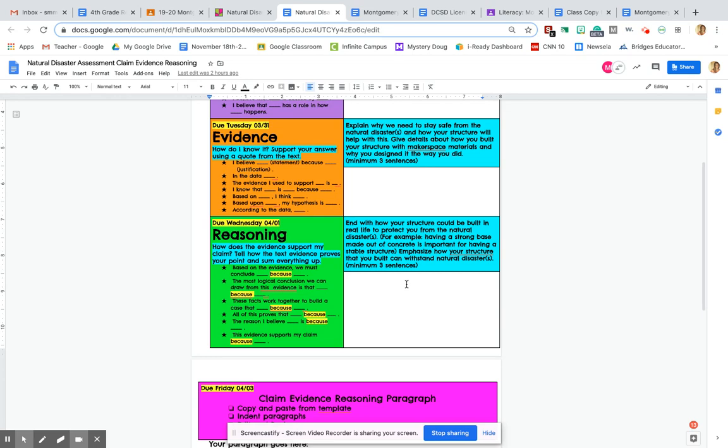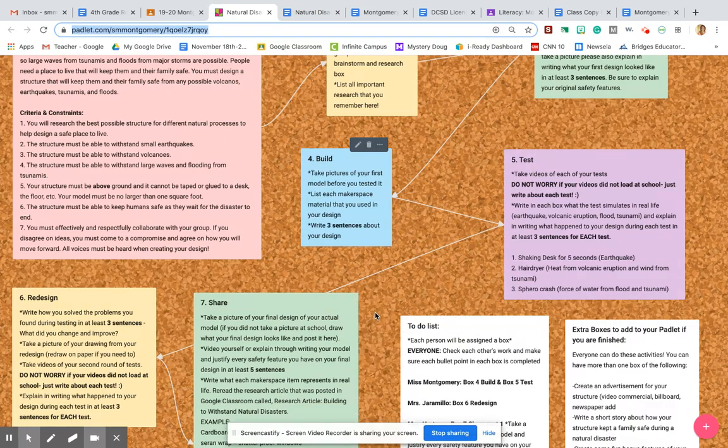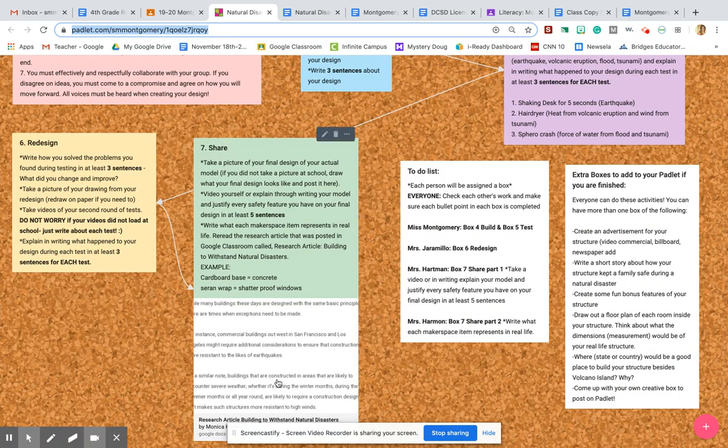If you are struggling with this, I would recommend going to my Padlet and taking a look at this research article here, because this article gives you a ton of good ideas of what your materials can be represented as in real life.